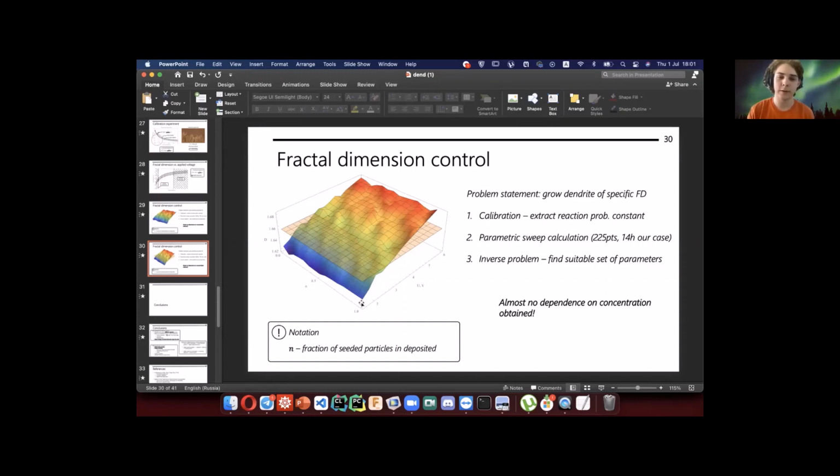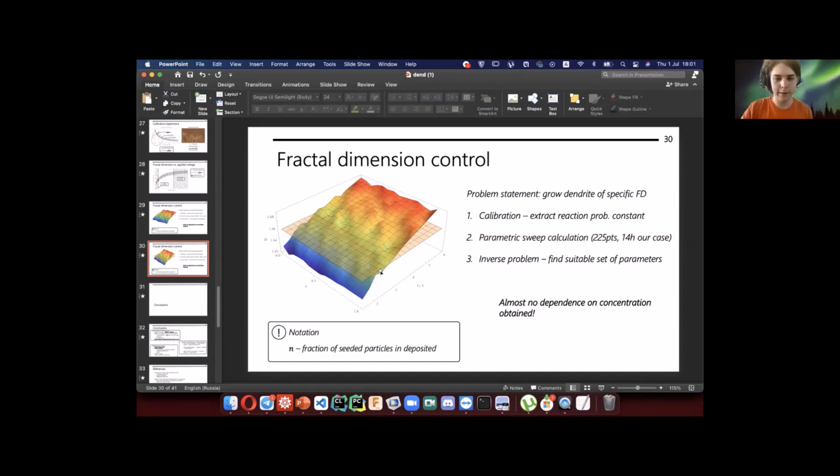Isn't your simulation telling the opposite? That there is a dependence of the fractal dimension on the fraction of seeded particles?